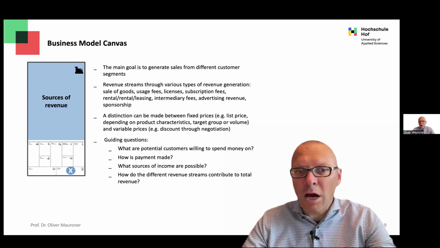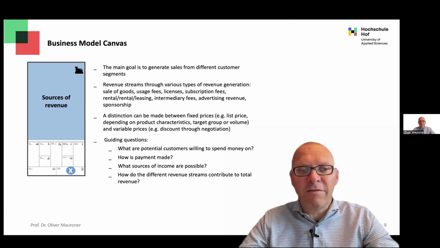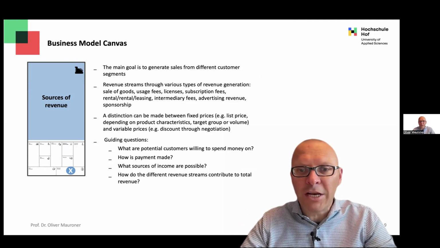The next block should give answers on how a business makes money. So the revenue streams block identifies different ways to generate income.